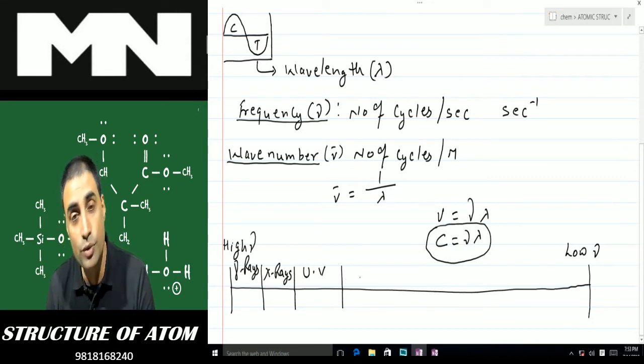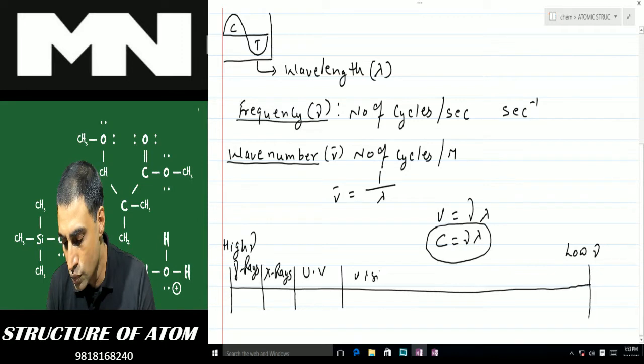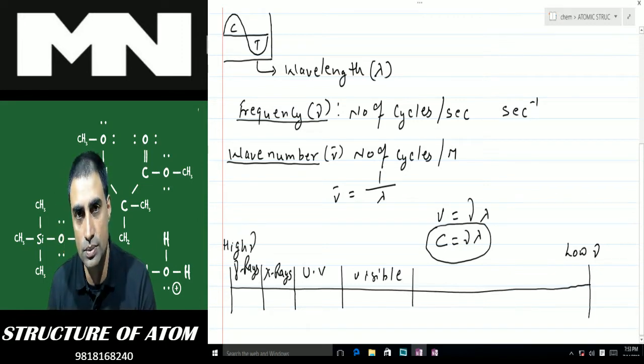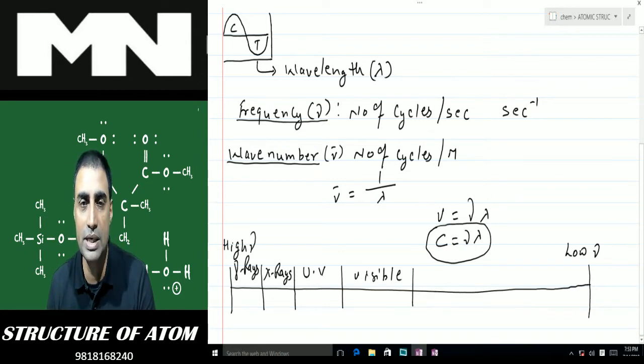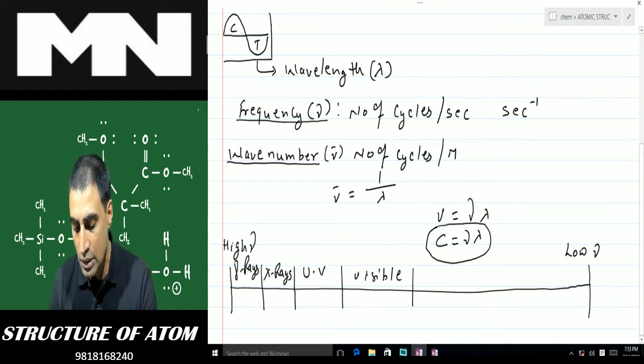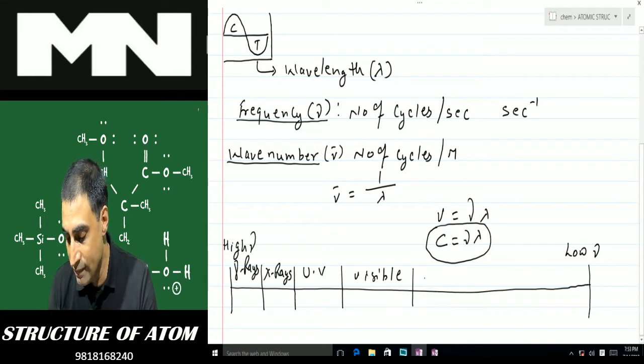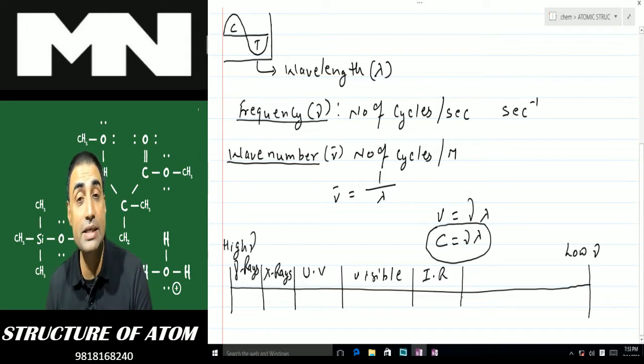After UV radiation, we have visible radiation, in which comes VIBGYOR. All visible radiations are also electromagnetic radiation. As far as the harmfulness of visible radiation is concerned, we know that it is not harmful unless it is in the form of laser. All visible light also travels with the same velocity, that is 3 into 10 to the power 8 meters per second. After visible light, we have infrared radiation, IR radiation.